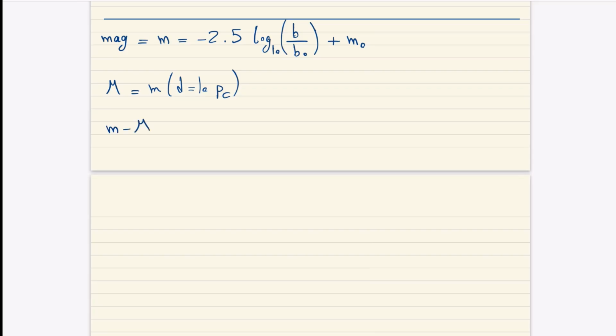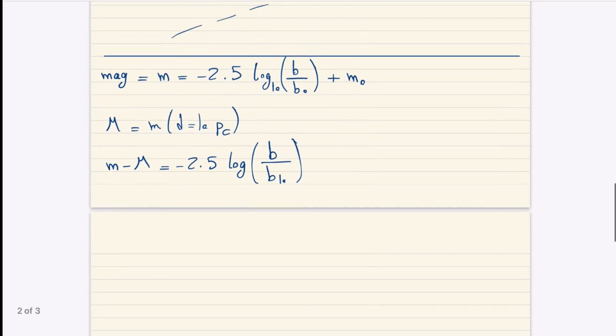Let's calculate it. If we write small m minus capital M from the formula above, we know that it's equal to -2.5 times the logarithm of B over B10. B10 is the brightness of the star at the distance of 10 parsec. I'm just writing it as an index to make things shorter.